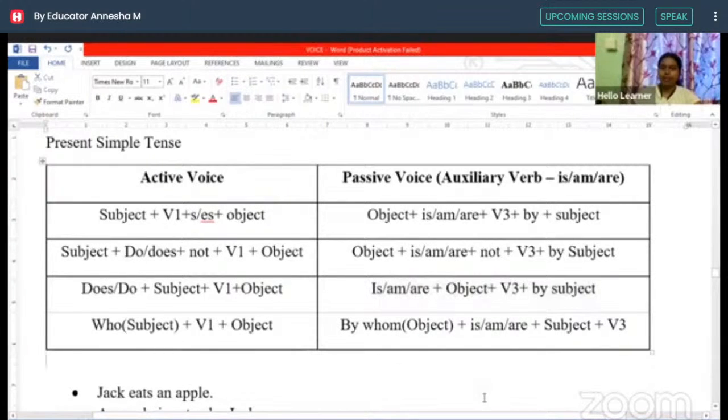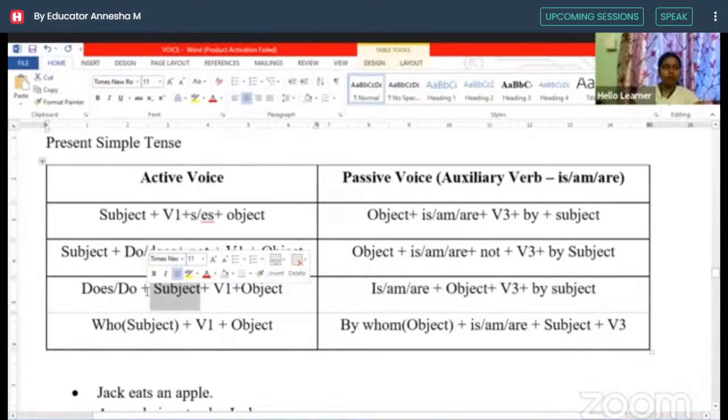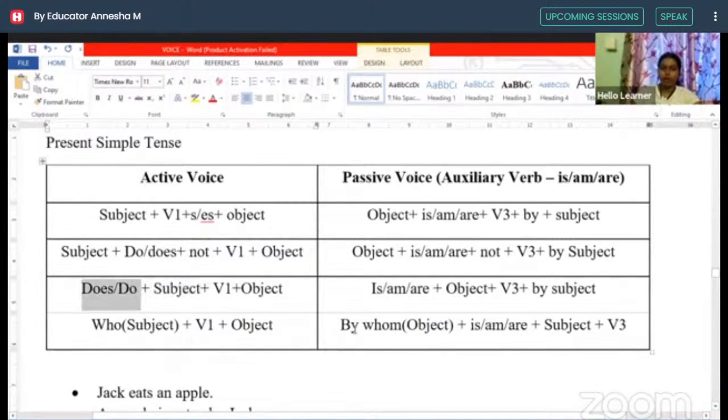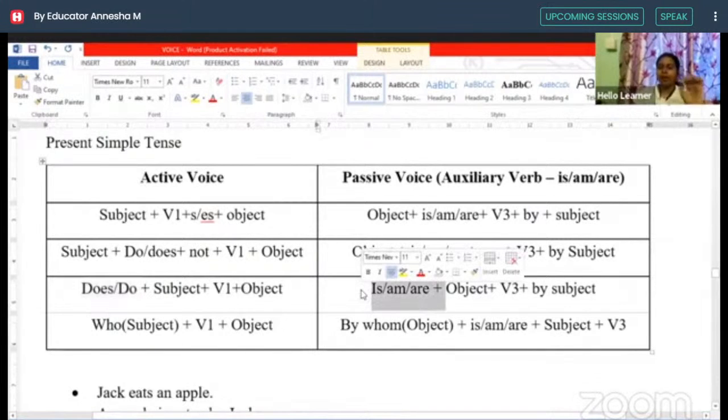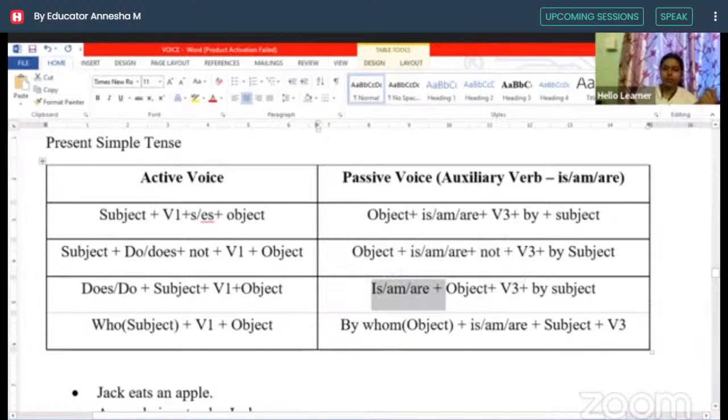So it's very simple. Why? Because the subject is usually a human being or something that can use the auxiliary do or does, right? But is, am, are is used with the object. So look at the sentence and you will understand. When do you eat your breakfast?